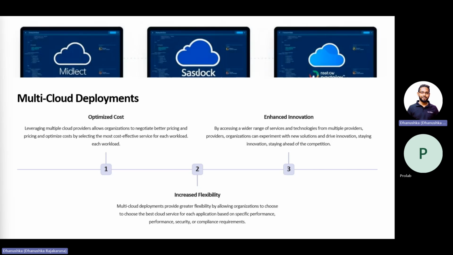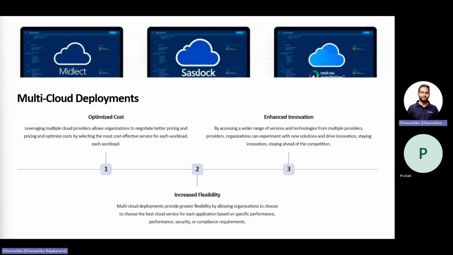Cost management can be done with CloudHealth, Spot.io, or FinOps. Security tools like multi-cloud firewalls, such as Palo Alto Prisma Cloud and Check Point CloudGuard, will help. Centralized identity management with IAM tools like Okta or Ping Identity.